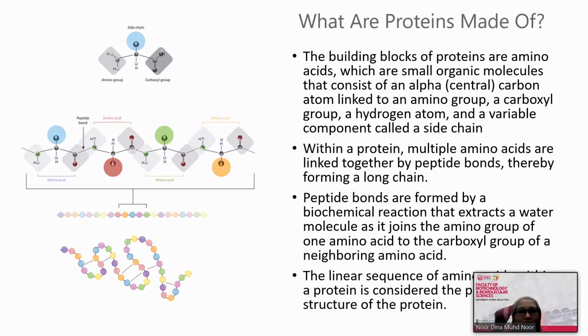Many amino acids bind together during the process that we have discussed before, the translation and elongation, until at the end of termination we have the long polypeptide. So the protein itself is made of building blocks of amino acids.